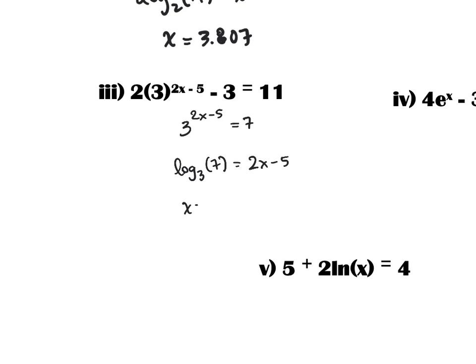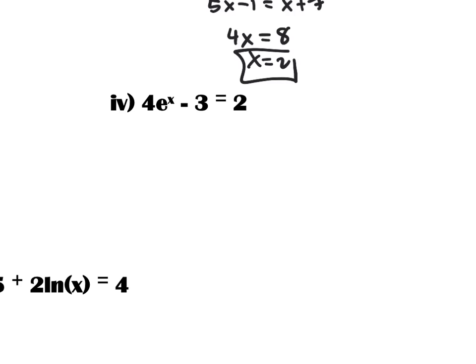So x will equal, I'm going to add 5 and divide by 2. That'll be log base 3 of 7 plus 5, all divided by 2. I would use my calculator in this case, and I get 3.386.